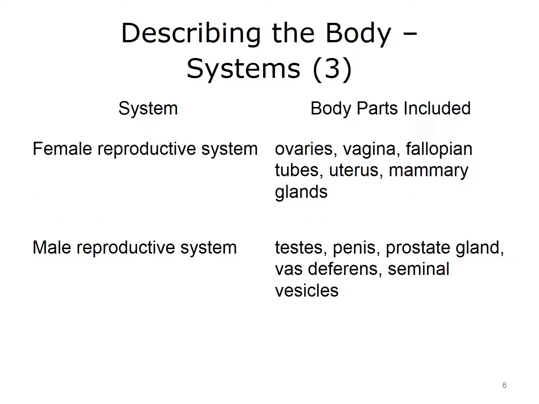The female reproductive system includes the ovaries, vagina, fallopian tubes, uterus, and mammary glands.